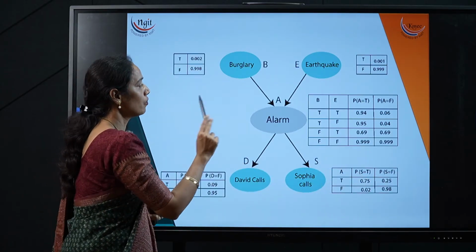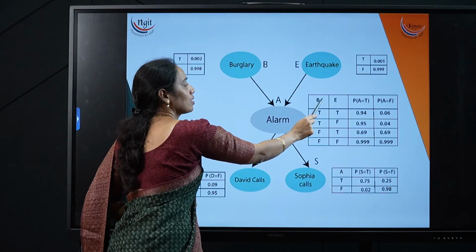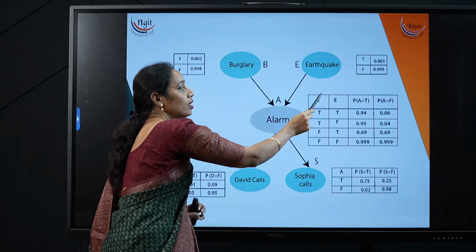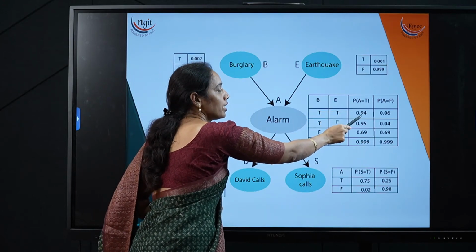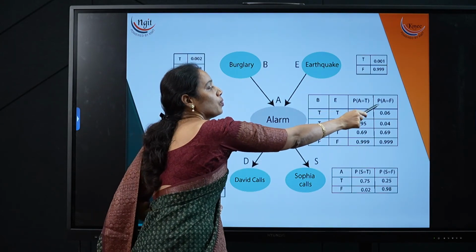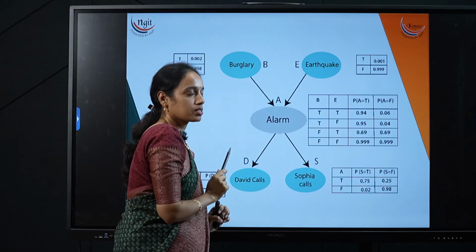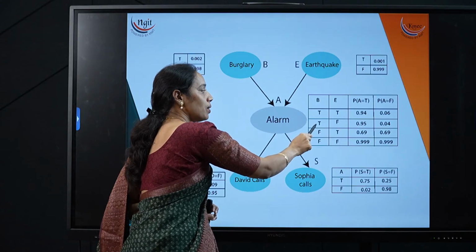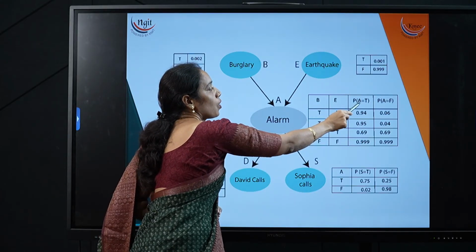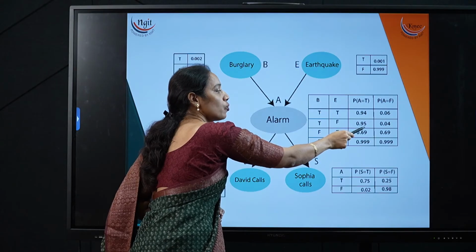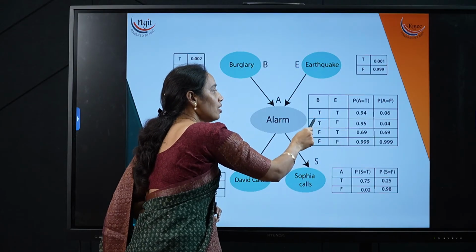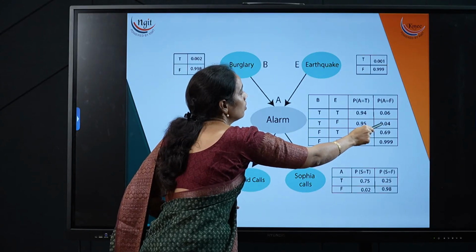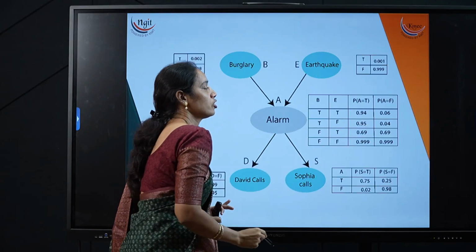And coming to here, when there is both a burglary and an earthquake, that's why true values, the probability the alarm rings is 0.94, and the probability the alarm doesn't ring is 0.06. And how are we going to read this? There is a burglary, there is no earthquake, the probability the alarm rings is 0.95, and the probability there is no alarm is 0.04.